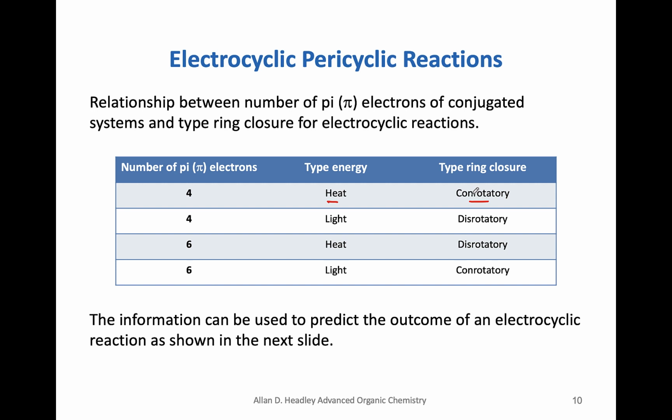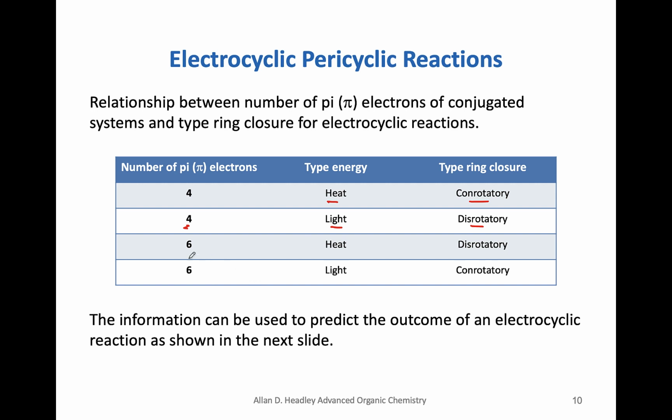And if it's a conrotatory ring closure, it will put the groups from the carbons of the double bond either cis or trans. On the other hand, for the same system, for 4 pi electrons, if it's light, it's going to be a disrotatory ring closure, as we've seen before, to make sure that there's symmetry allowed orbital overlap.